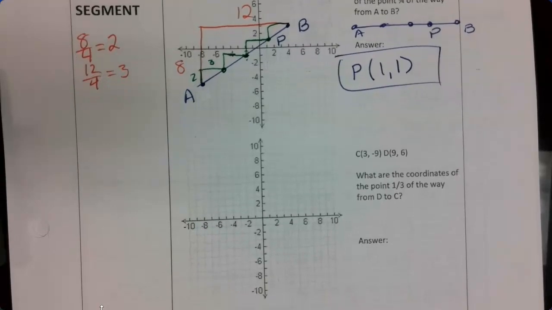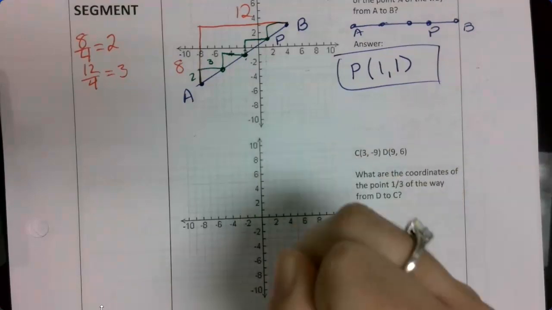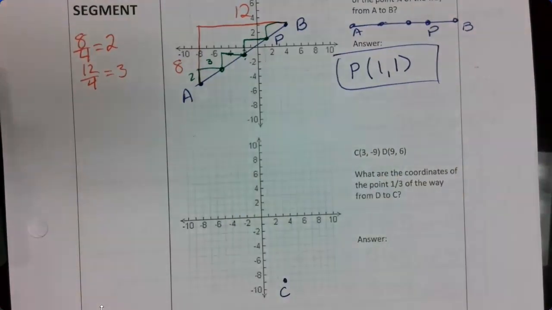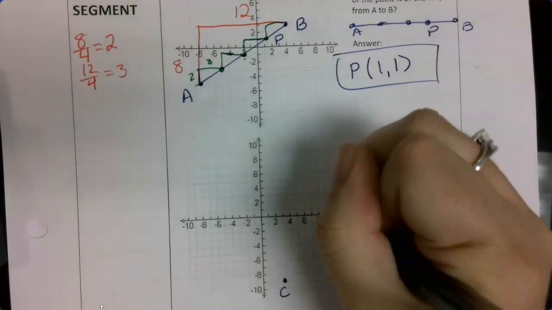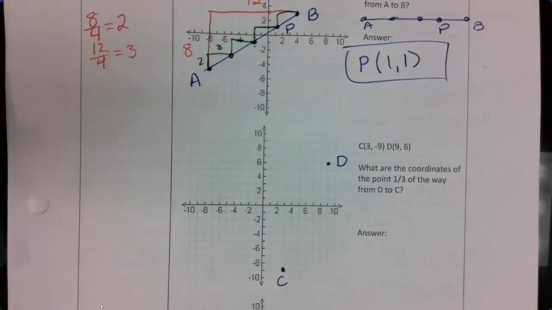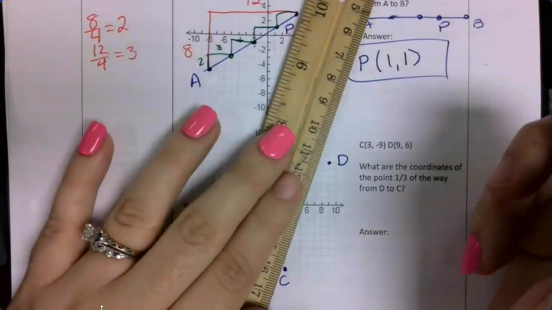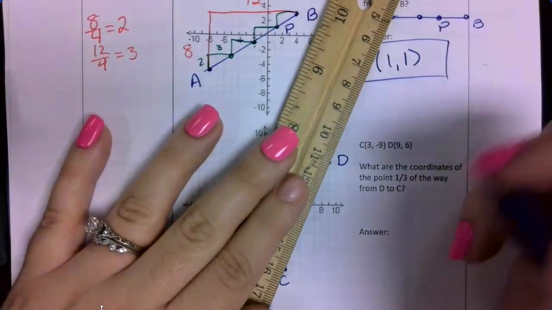Okay, so same idea for the next one. My first point is 3, -9. And that letter is C. My next one is 9, 6. And that letter is D. So then I connect them.